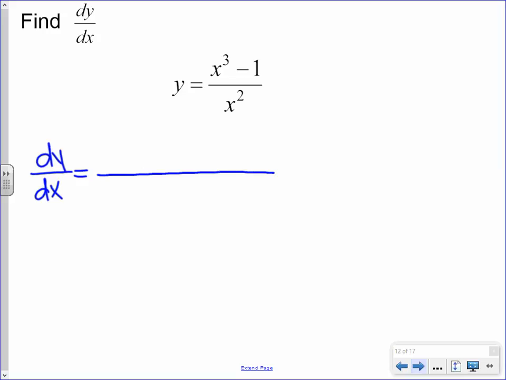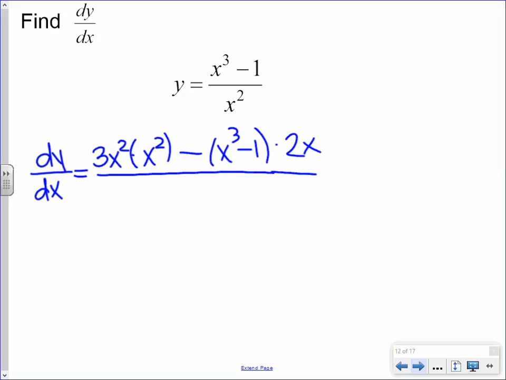We leave low d high, so we leave the denominator alone, times the derivative of the numerator, 3x squared. Minus high d low, so we leave the numerator alone, times the derivative of our denominator, 2x, all over x squared squared.